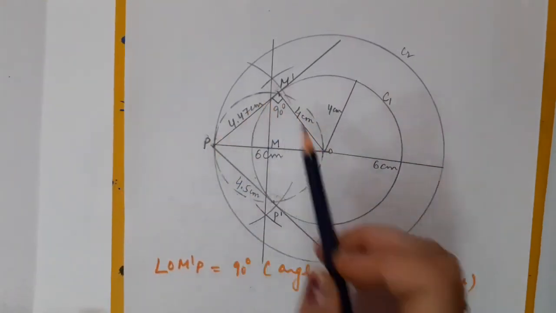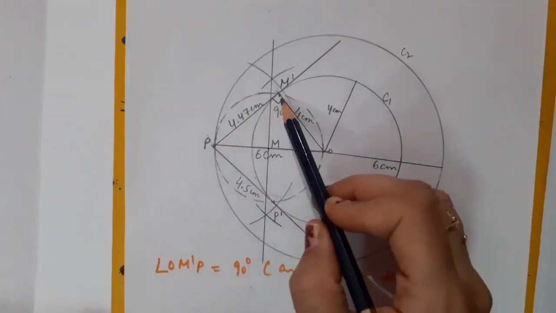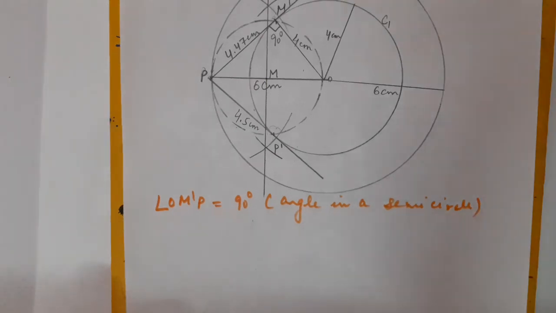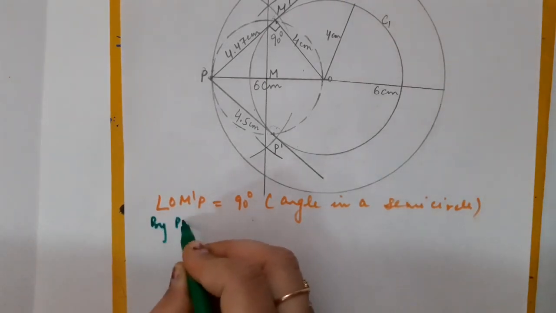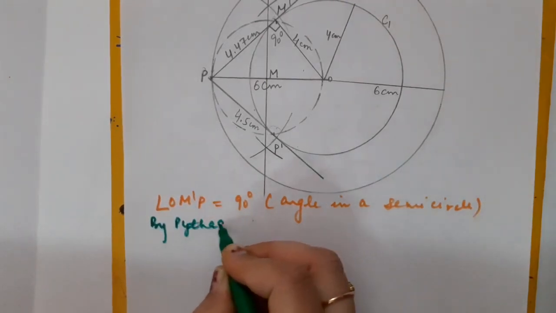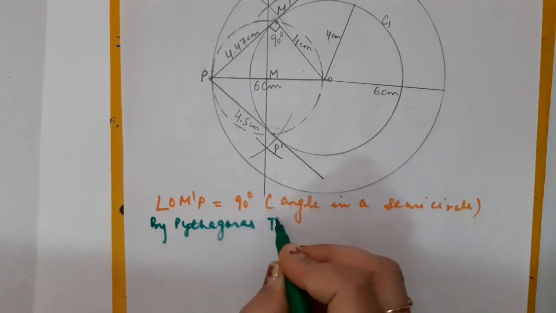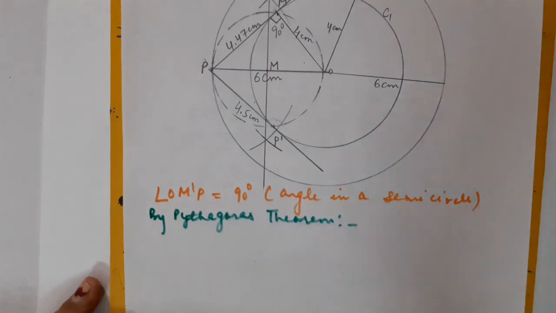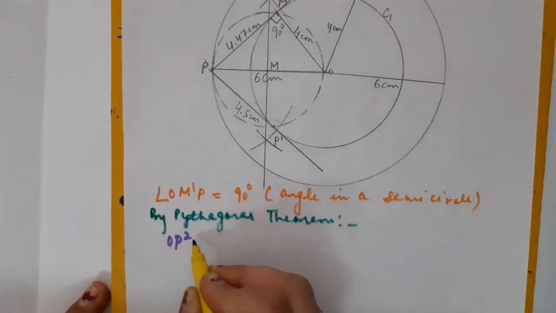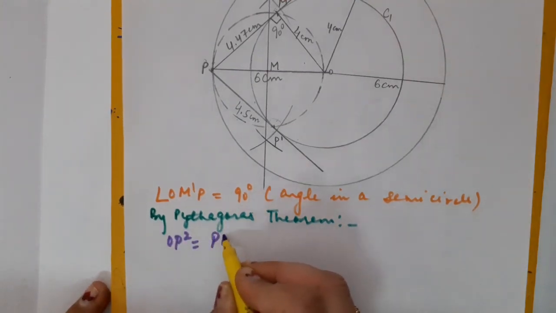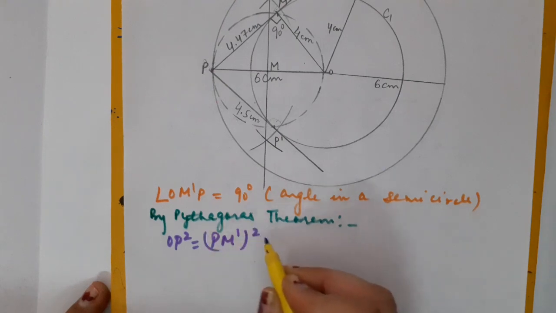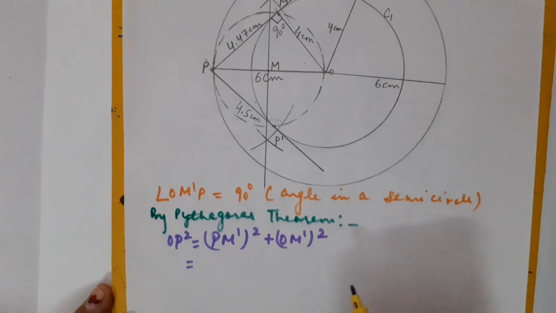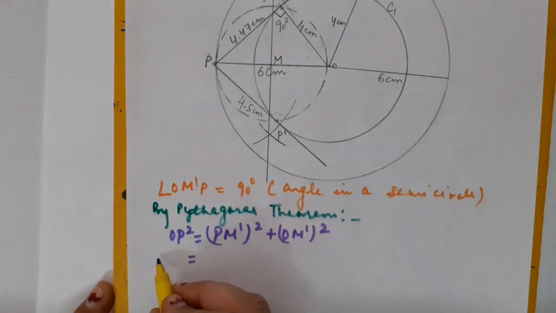Now applying Pythagoras theorem, we can calculate PM dash by actual calculation as well. So write down, by Pythagoras theorem, we can write that OP square is equal to PM dash square plus OM dash square. Correct? What is the length of OP?